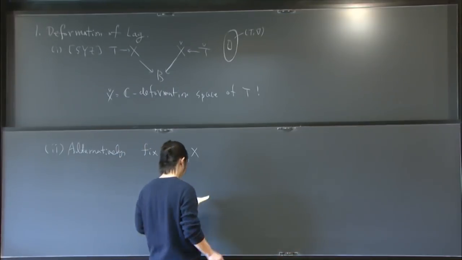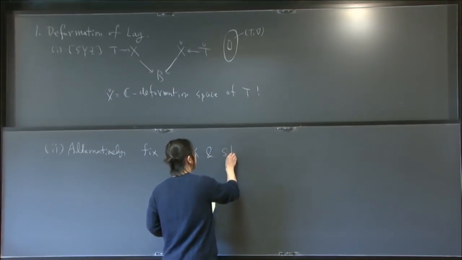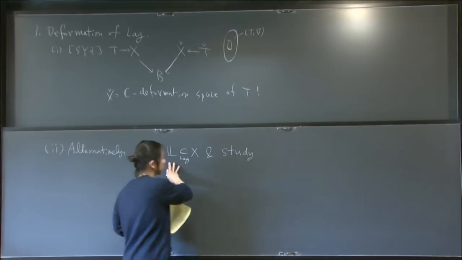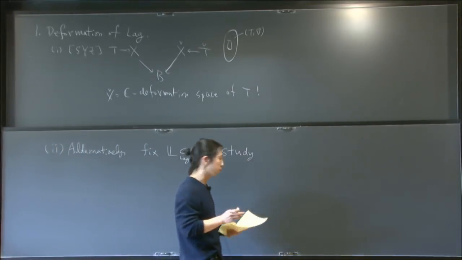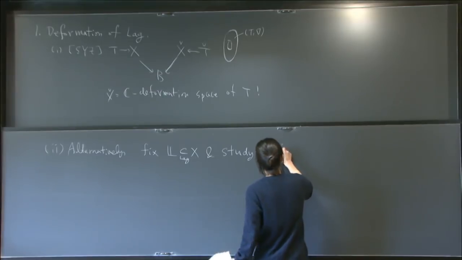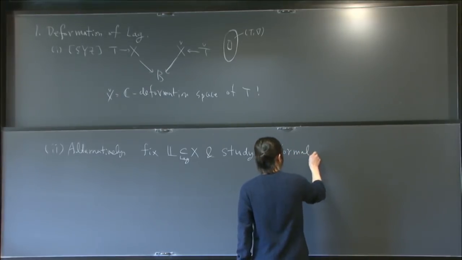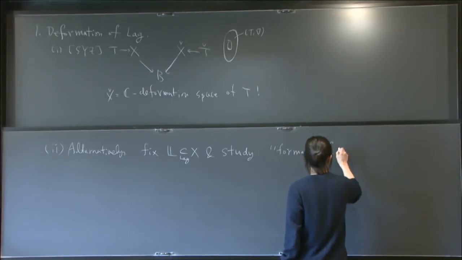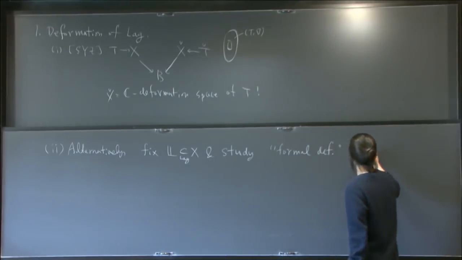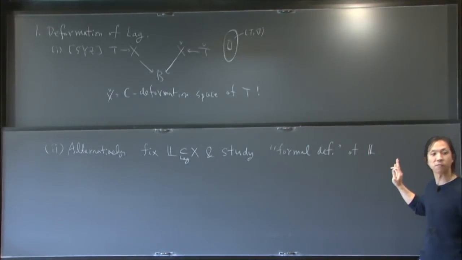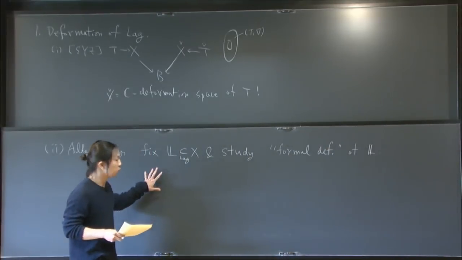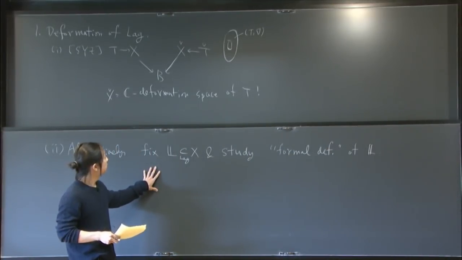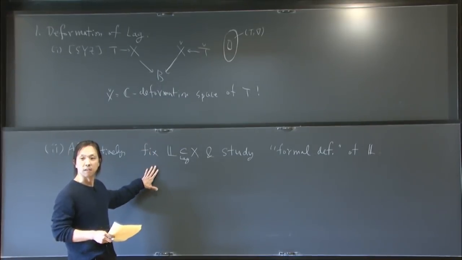You fix one Lagrangian and study the deformation of this single Lagrangian, but not geometric deformation, rather something called formal deformation. By the way, this is supposedly giving you a local chart of X check around this L.